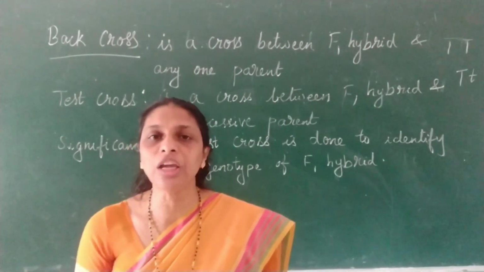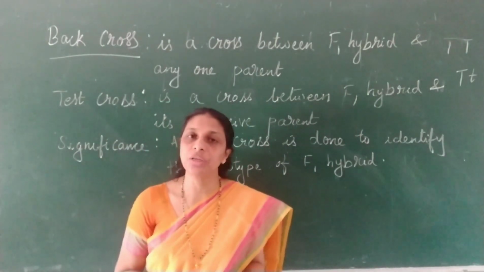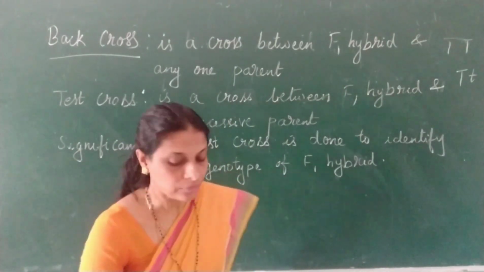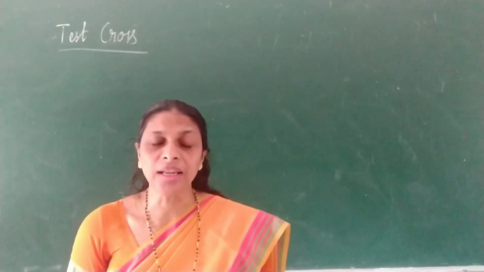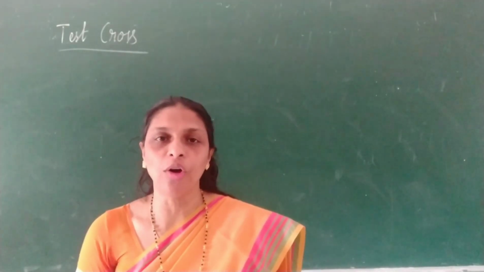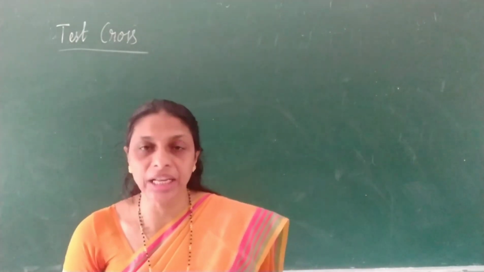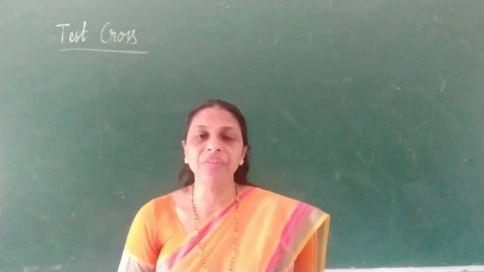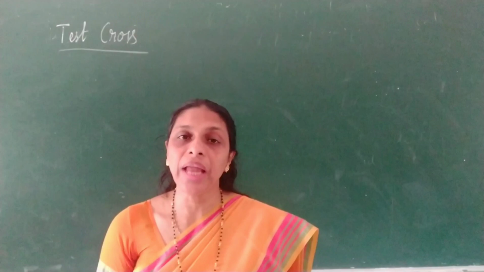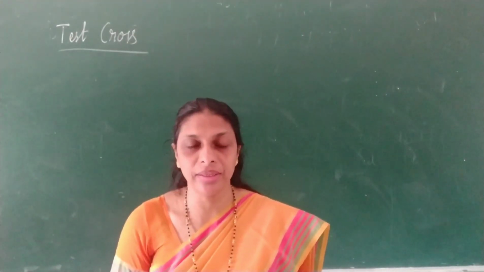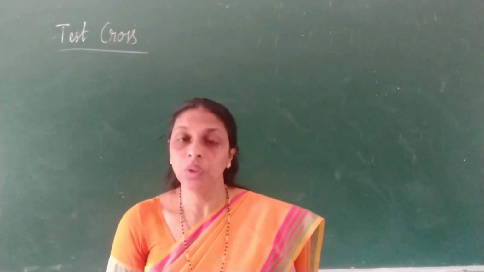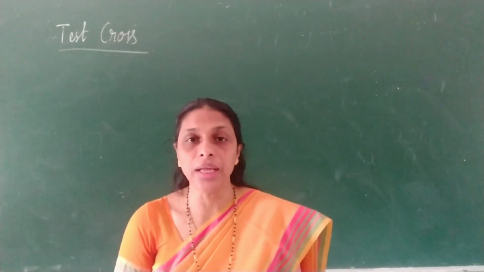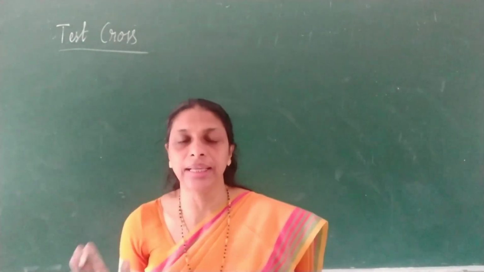Now let me give you the schematic representation of a test cross. So in your NCERT textbook, they have given the example of flower color in pea plants, right? Now in pea plants, two types of flowers were found. One is violet color flower and the other one is white color flower.